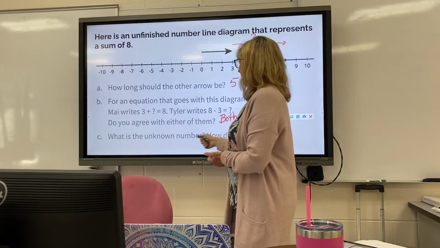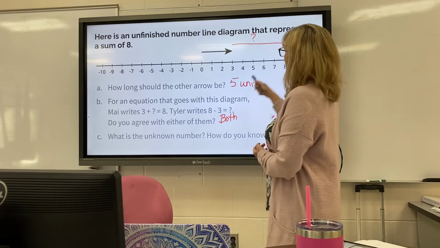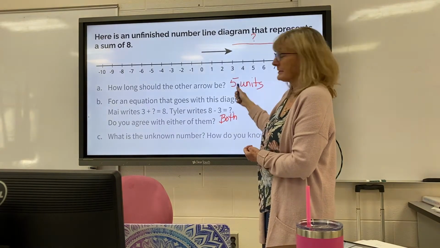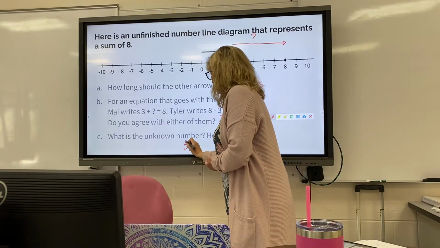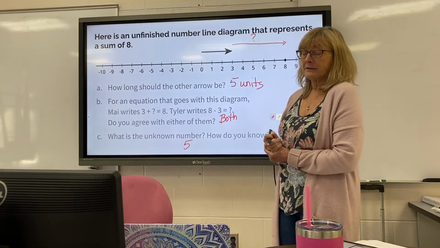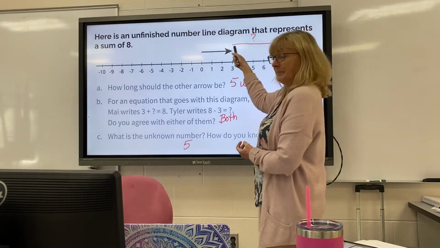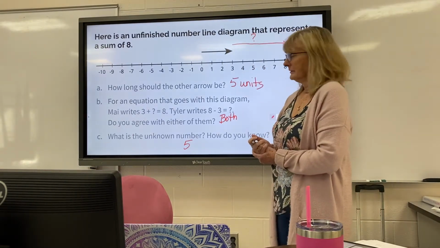So what is the unknown number? Well, if we had to go 5 units long, the unknown number must be a 5. Is it a positive 5 or a negative 5? Positive 5 because we went to the right. Okay?